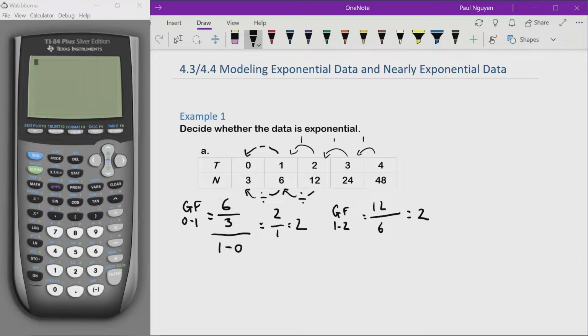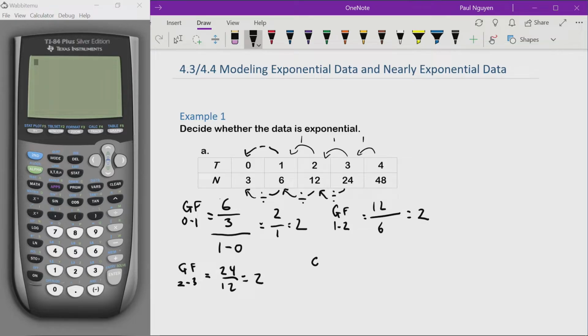For this function to be exponential, all of the growth factors have to be the same. So we calculate the growth factor from 2 to 3. This is going to be this number 24, and I'm going to divide that by this number 12, and again I get 2.